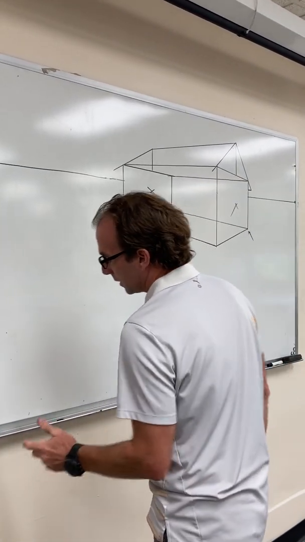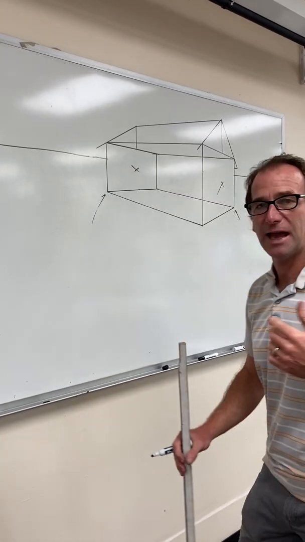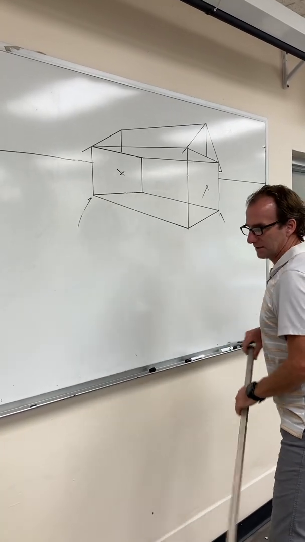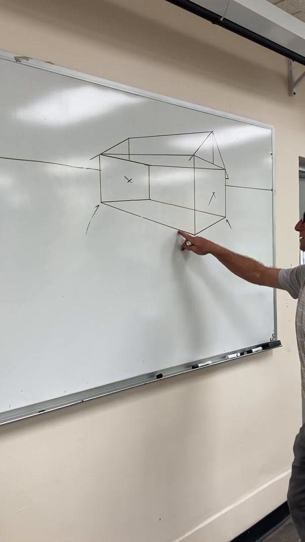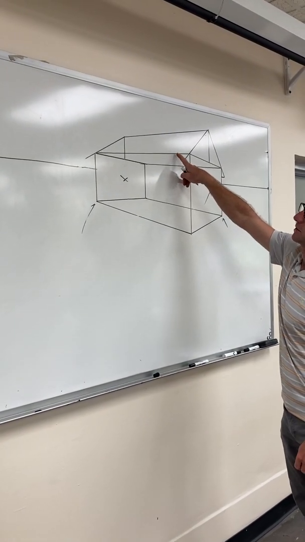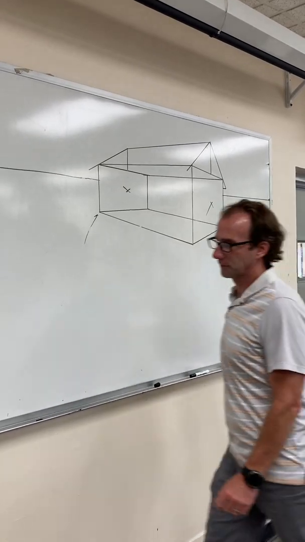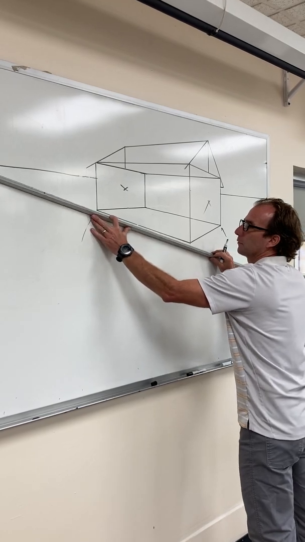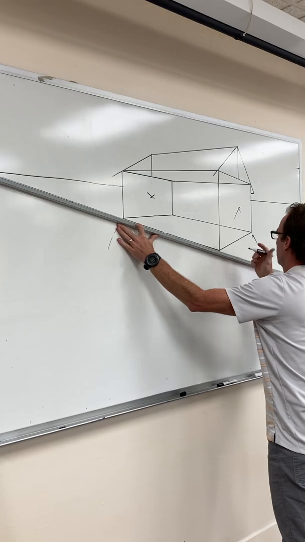Okay? Next thing I'm going to do is I am going to actually add a garage onto our house. So what I want to do is I just want to extend 4 lines. I want to extend this line here, which is the top of the front of the house, the opposite line, and the opposite line. So make sure that you're going from that vanishing point again. You're really just tracing or extending this line, but you still want to go to that vanishing point.